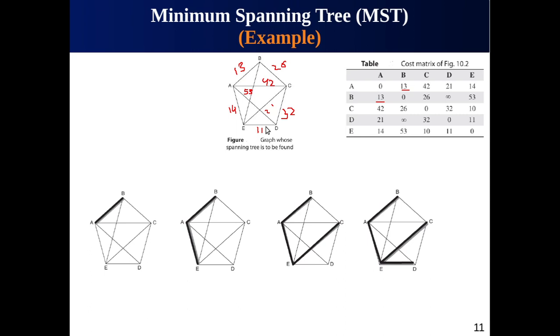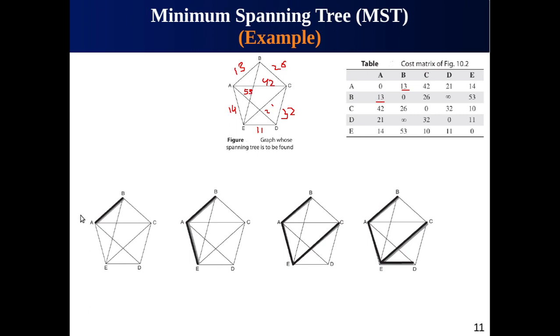Now our task is to find the minimum cost to travel, for example, from A to E. In order to form a spanning tree for this graph, we have to take a source node.